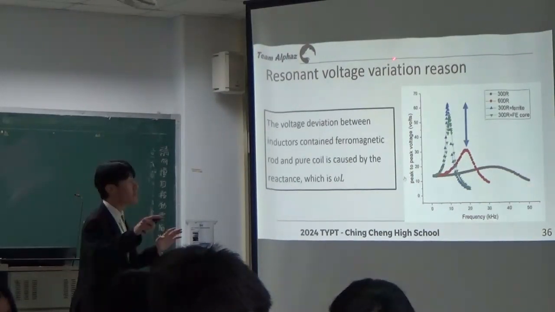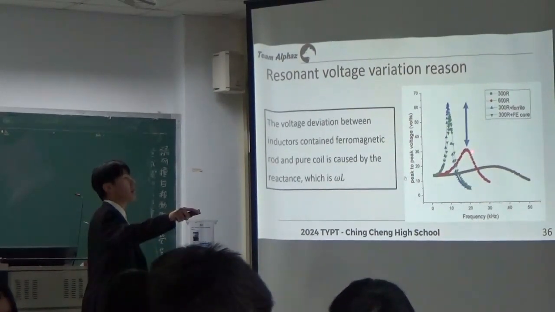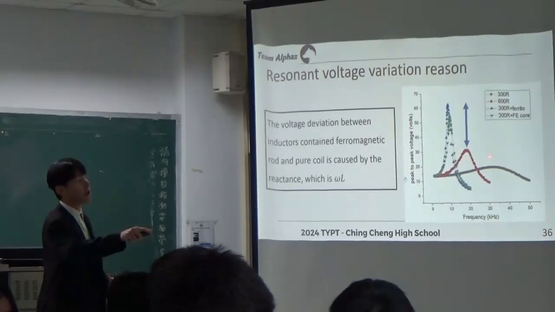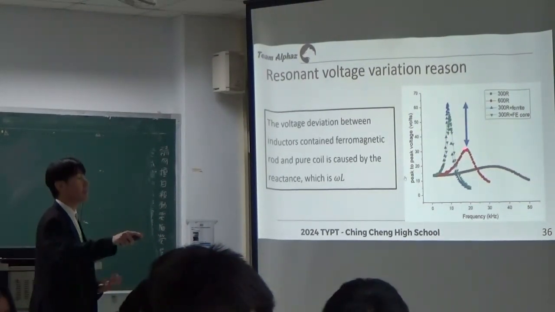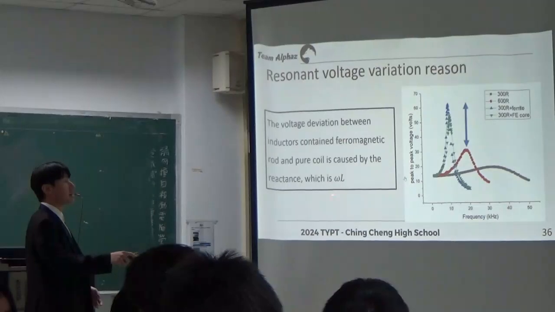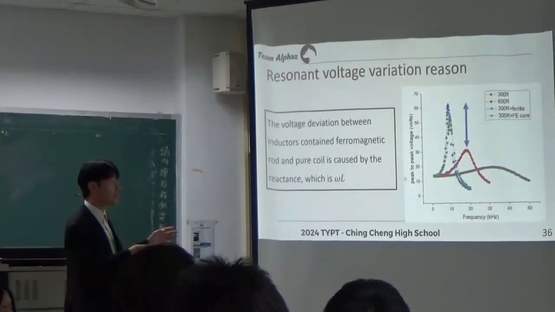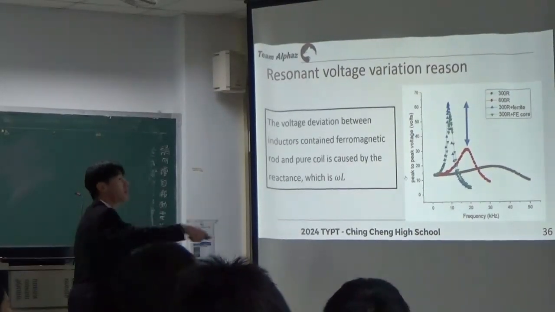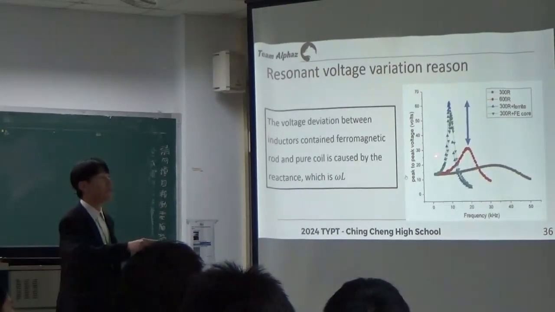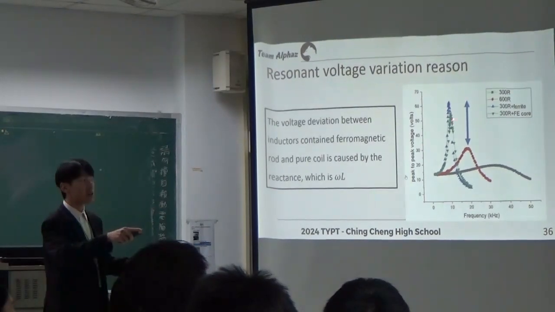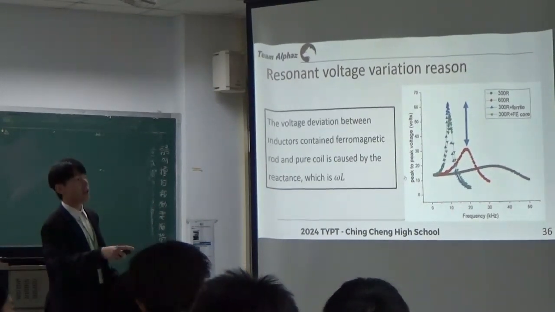That is why the resonant frequency voltage varies between the coil alone and when the rod is inserted. Because from the impedance formula, the impedance depends on the frequency that we apply to it. So here the reactance will be smaller, and this one will be bigger.